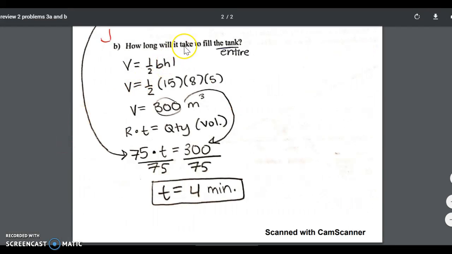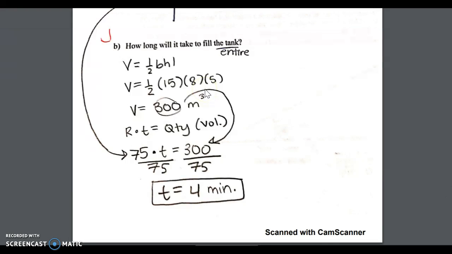When they ask how long it'll take to fill the tank, that implies the entire tank. So we write out the formula of the tank, volume, and we already know what the base, height, and length are because they're in our drawing as 15, 8, and 5 for the whole tank. 300 meters cubed is the volume of the tank.